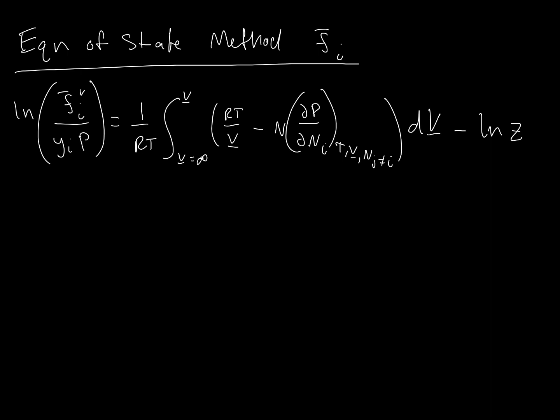This is a formula that we can use to calculate the partial molar fugacity from an equation of state. It looks kind of similar to how we calculated the pure species fugacity. We have a term right here that corresponds to ideal gas behavior.